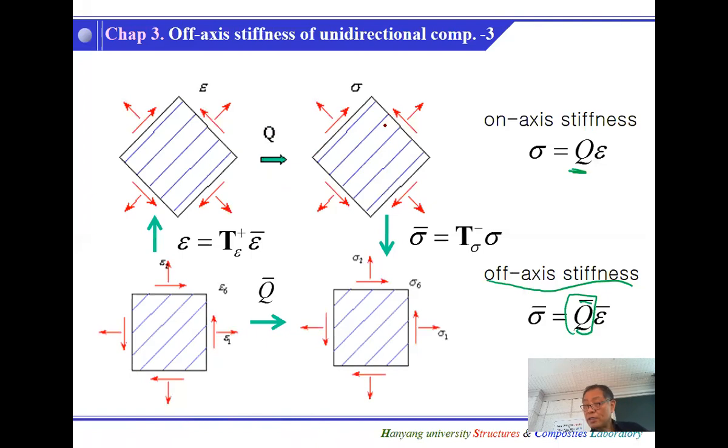What is on-axis? On-axis is the axis along the fiber. This is X and this is Y. There are many different definitions of the coordinates, but this is the one we are using, so please stick to this definition. X is along the fiber, Y is the transverse direction.